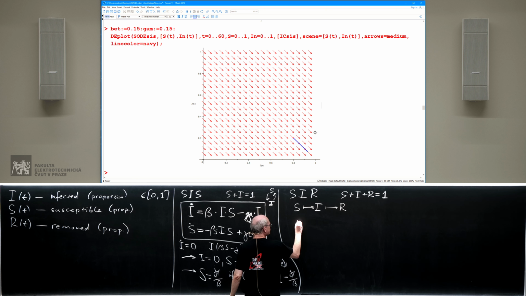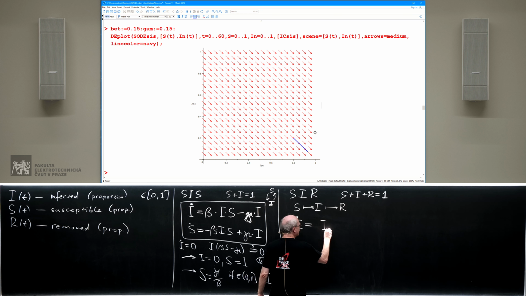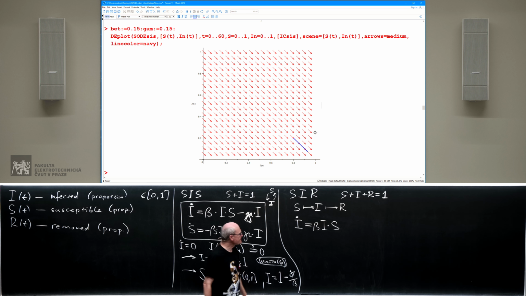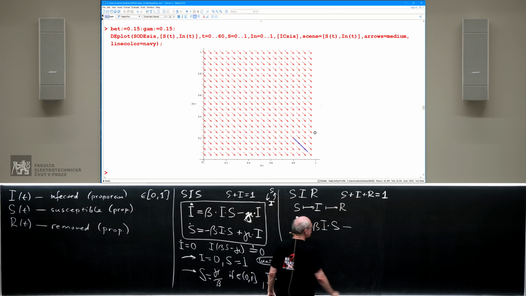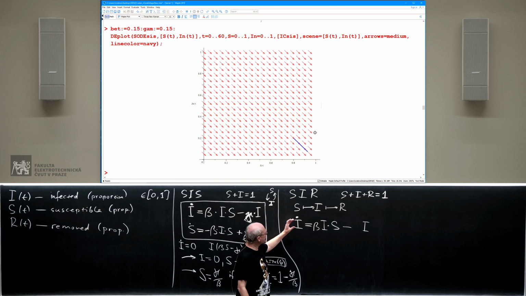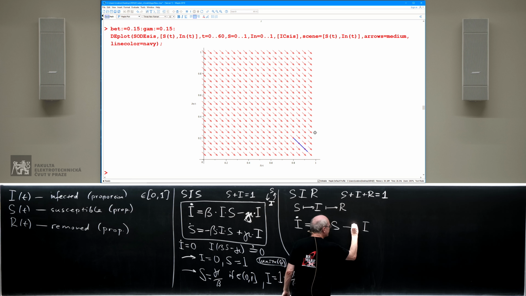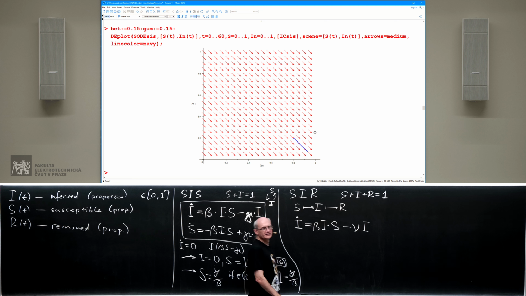How does it go? Well, the infected people are gaining new members of the club by meeting susceptible people with some probability of transmission. And they are losing members at a specific rate. Again, it would be better to somehow incorporate a time constant, but that's not possible. Now, it's traditional for the SIR model to use a different letter here. Let's call it nu.